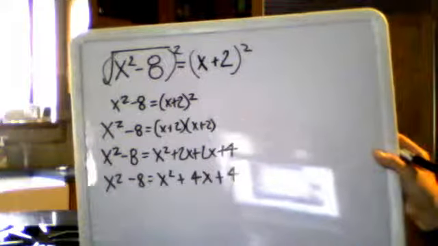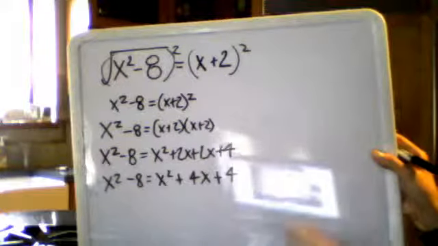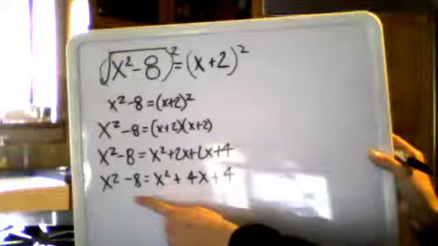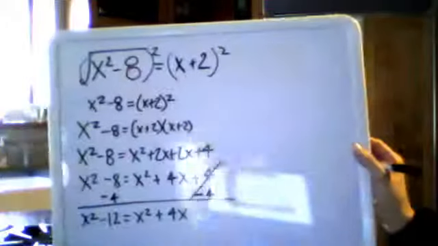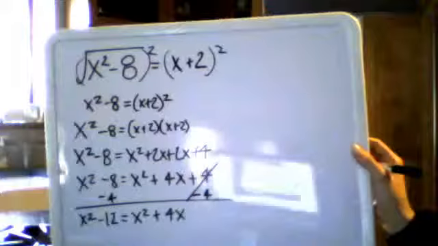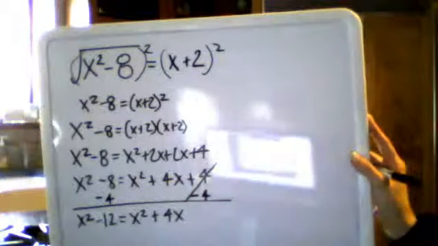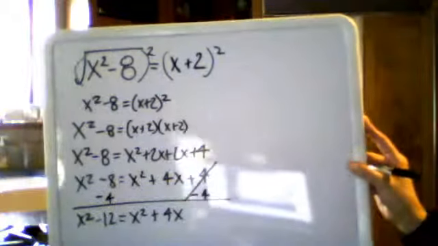I'm going to subtract the 4 from this side and put it to this negative 8. So this is what I'm left with right here: x squared minus 12 equals x squared plus 4x.